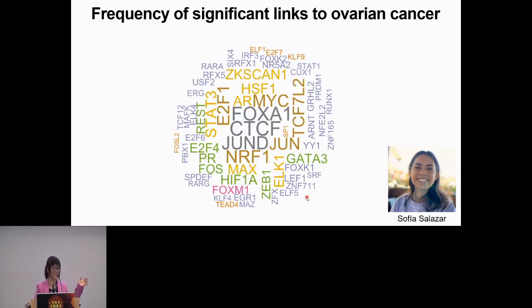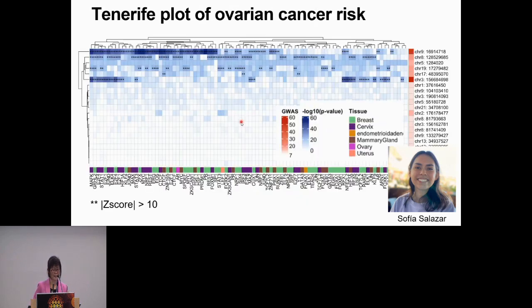The other thing is, when we thought about creating this Tenerife plot, we were not sure whether we would find some transcription factors that would be always significant across all the GWAS loci. What we are finding is more horizontal patterns and not vertical patterns.